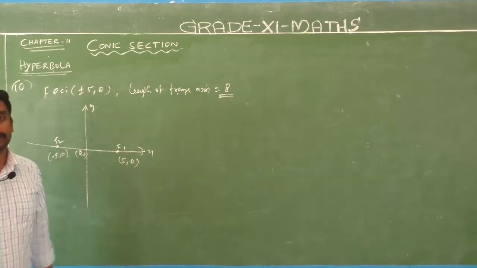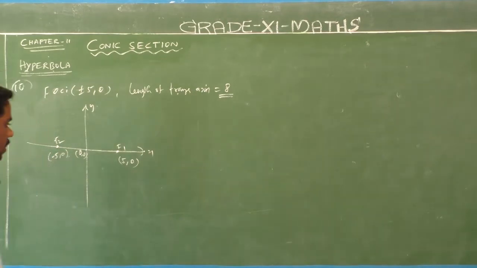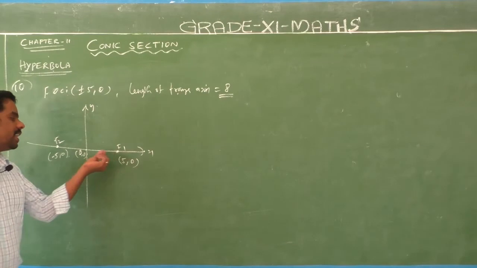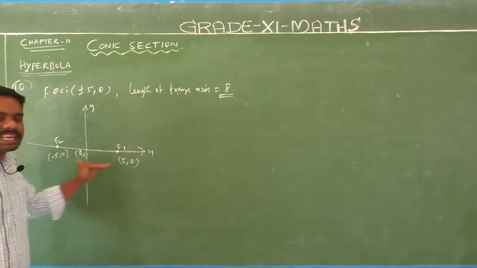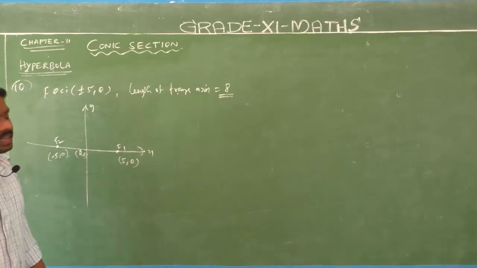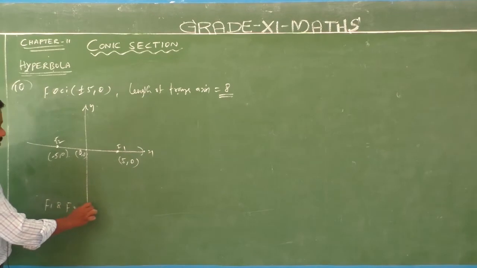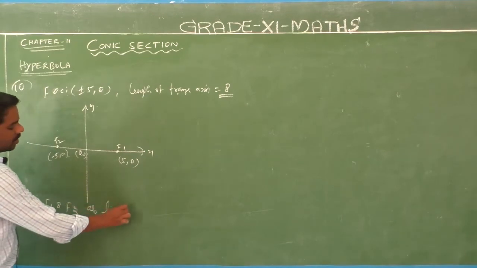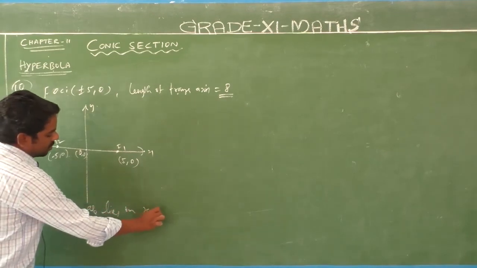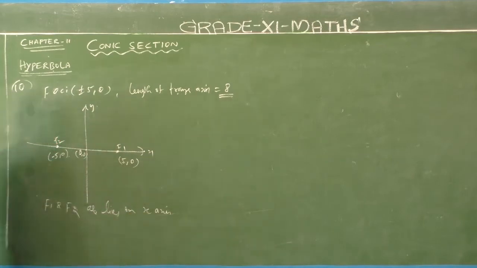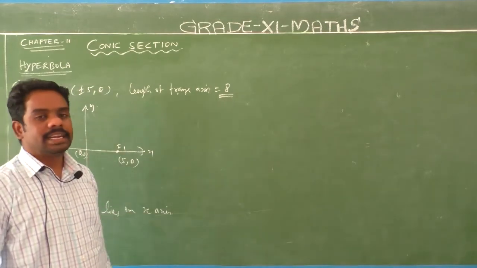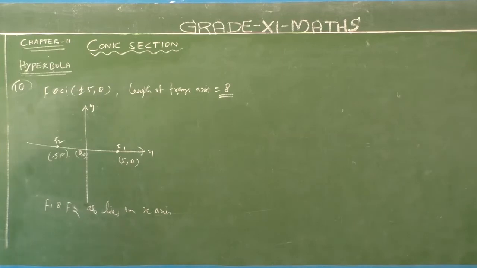See here, the foci F1 and F2 lie on the x-axis. So the transverse axis of the given hyperbola is the x-axis.